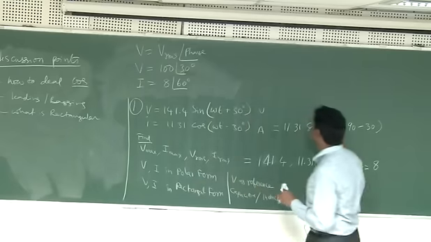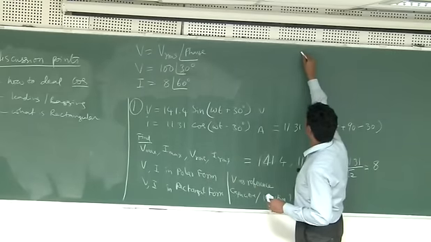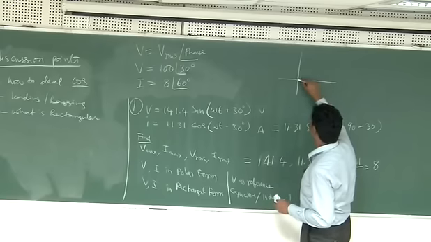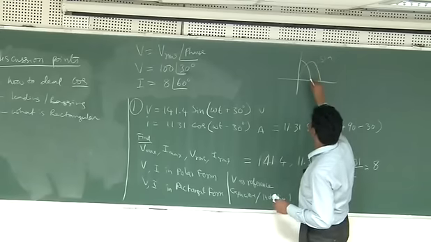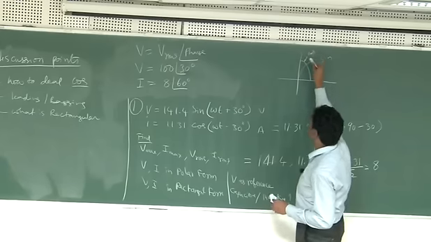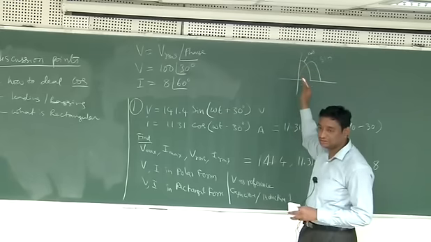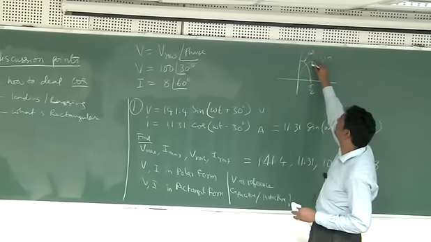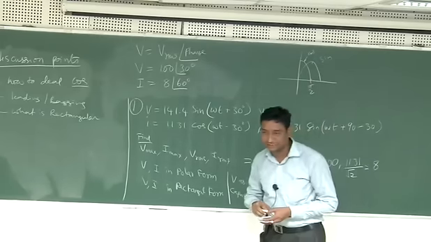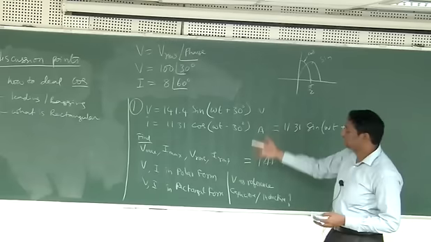Just remember this: sine starts from 0, and cos starts from here. Cos 0 is 1, and at 90 or pi by 2, sine becomes 1 and cos becomes 0. What is a polar form?